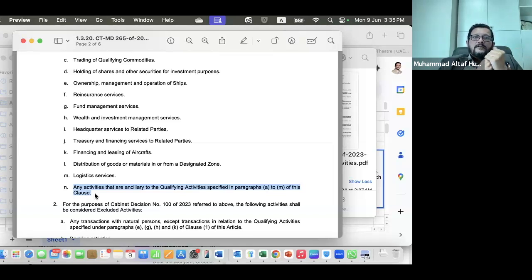But what if that ancillary activity itself is a separate legal person, like a legal entity? That's a very different question to ask then. Then we'll be looking at that separate entity separately. Under corporate tax, you don't look at two entities together in one return unless they are either a tax group, or there is some other case which I cannot think of right now.